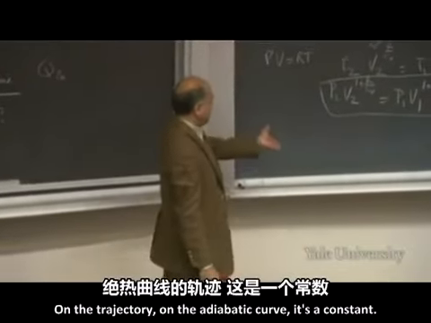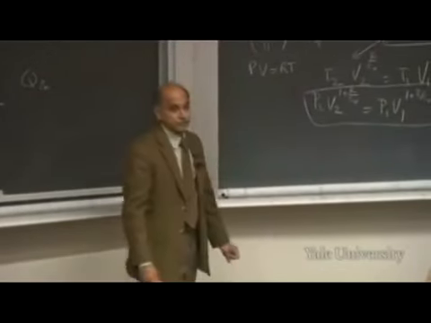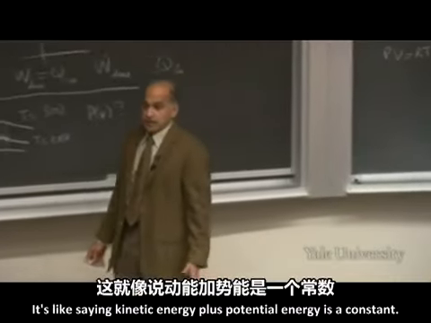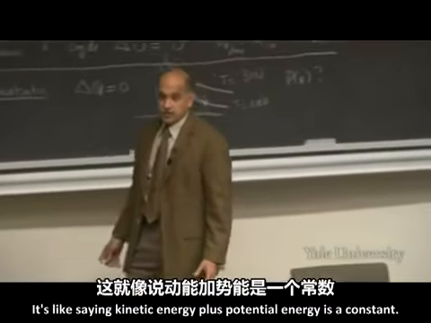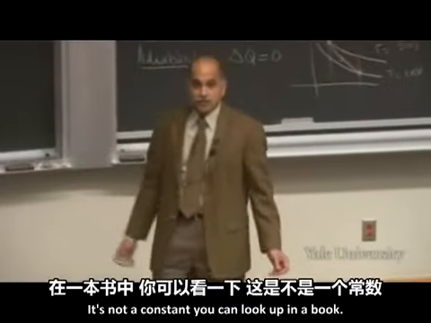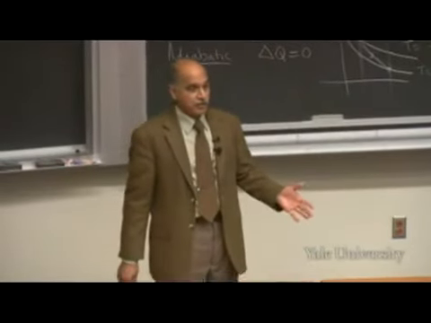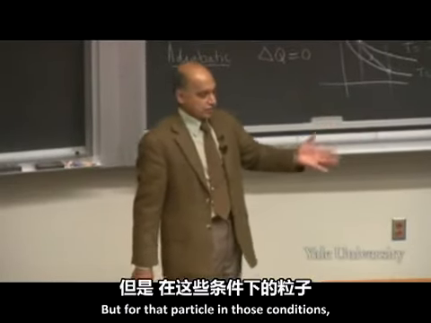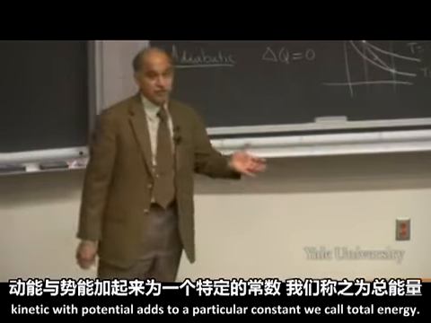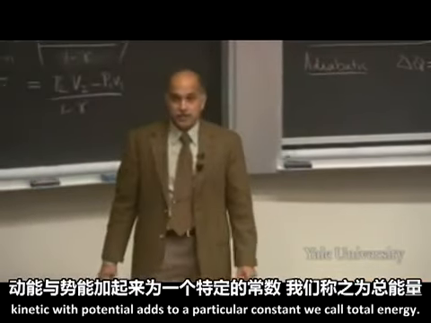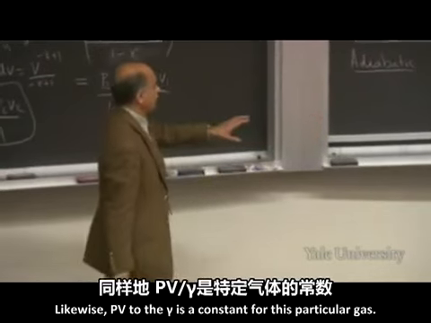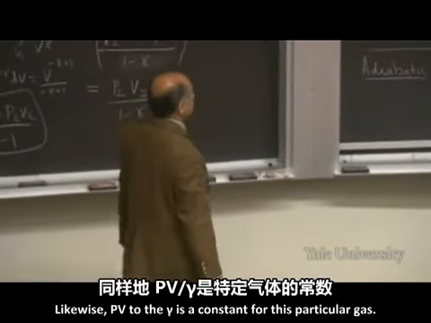On that adiabatic curve, it's a constant. It's like saying kinetic energy plus potential energy is a constant. It's not a constant you can look up in a book. It depends on what your particle is doing. But for that particle, in those conditions, kinetic plus potential adds to a particular constant we call the total energy. Likewise, PV to the gamma is a constant for this particular gas.